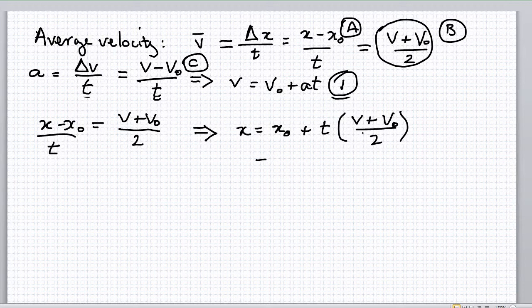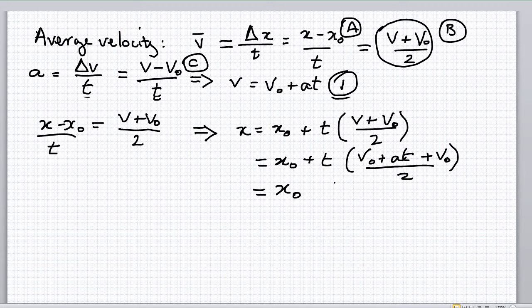So now it becomes x naught plus t times v naught plus at plus v naught over 2, and that equals x naught plus, notice I have two v naughts here, v naught plus v naught, so I have 2 v naught over 2.